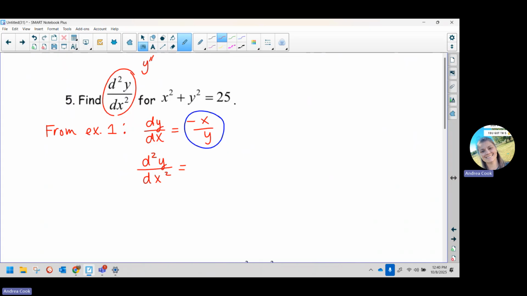So it's going to be low d high minus high d low. Derivative of y is dy over dx. All over low, low. Okay, so again, normally you would have to find the first derivative and then find the second derivative, but because we already did, we just took a step away.